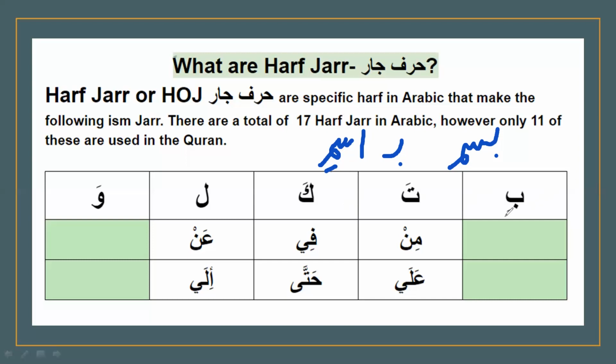These are bi, ta, ka, lam, waw, min, fi, an, ala, hatta, ila. And in this fourth lesson, we are just introducing two harf jar.